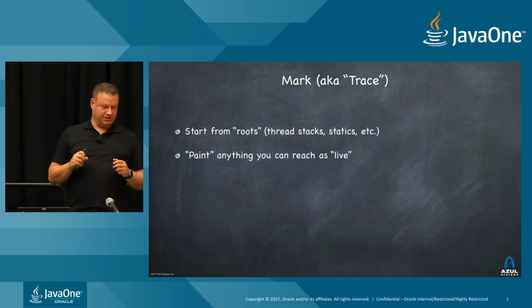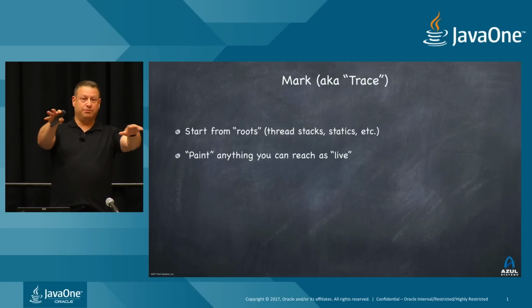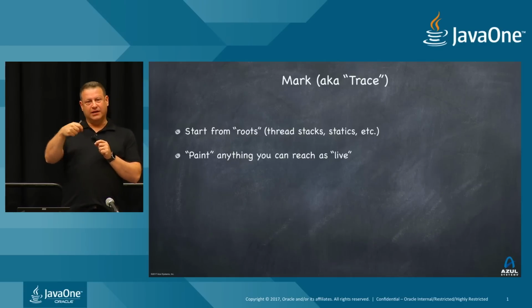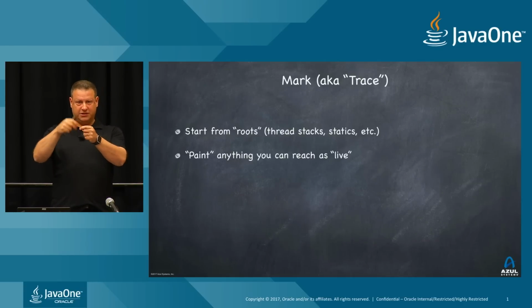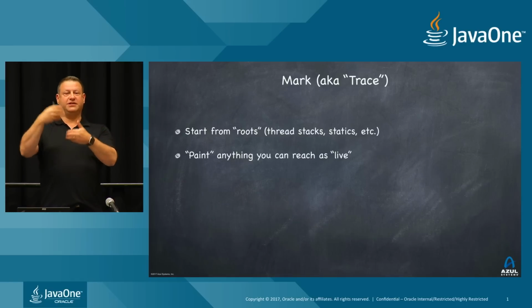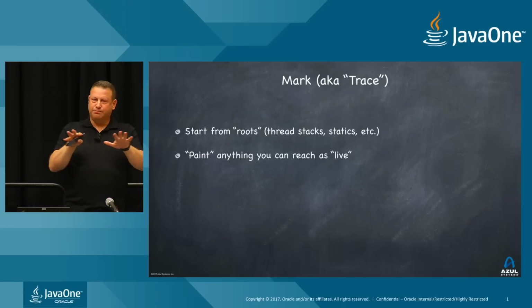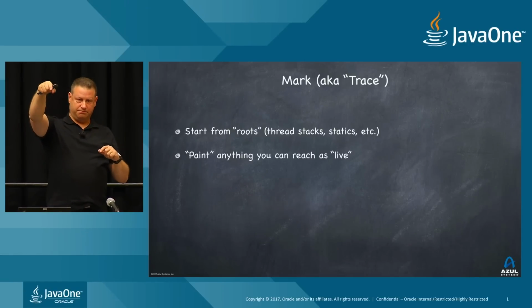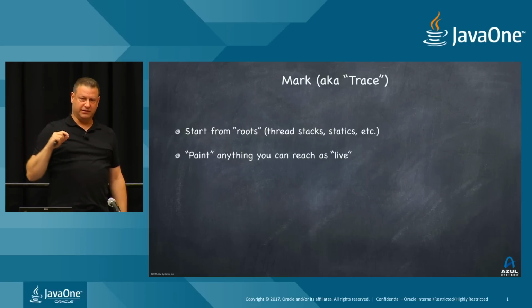And we start from these roots and we do what we call tracing or painting. Anything I can reach that has not yet been marked, I reach, I mark, and then I look inside of it and keep reaching. So I kind of paint and follow everything I can see, and everywhere I go, I mark that I've been there. If I get to a place I've already marked, I don't need to go there again.